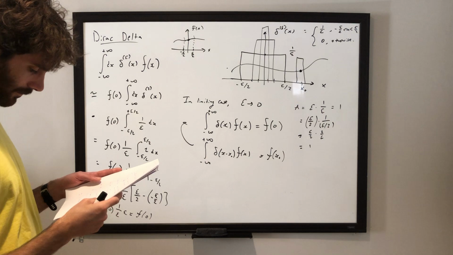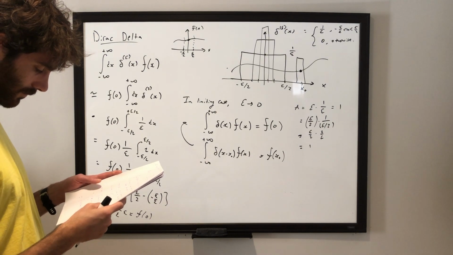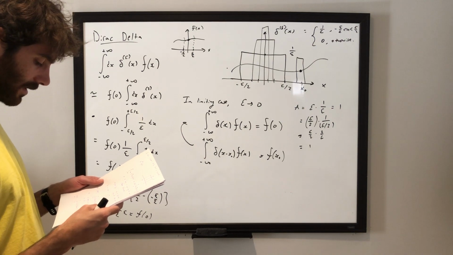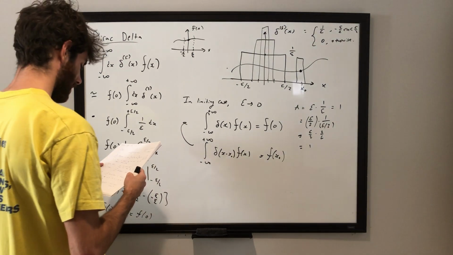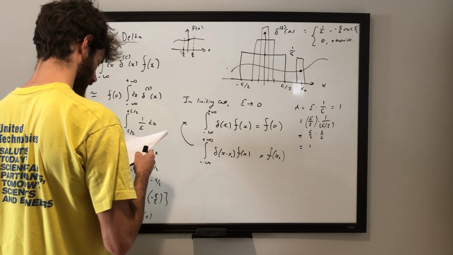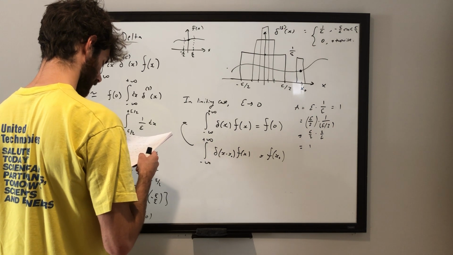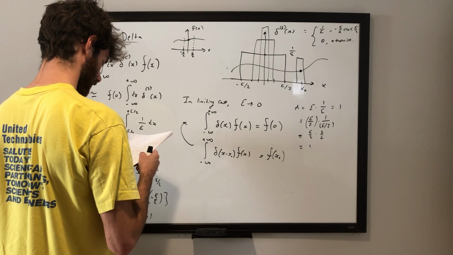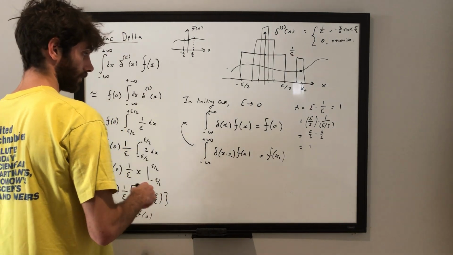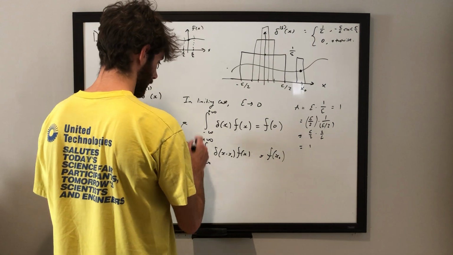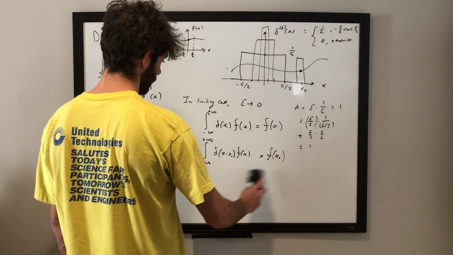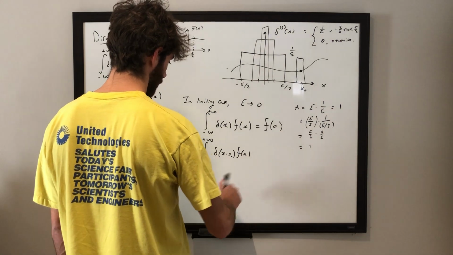And mathematically, perhaps, we can try. So, if I were to just start here again, say we didn't know what this was to be equal to, we could just do a change of variable.